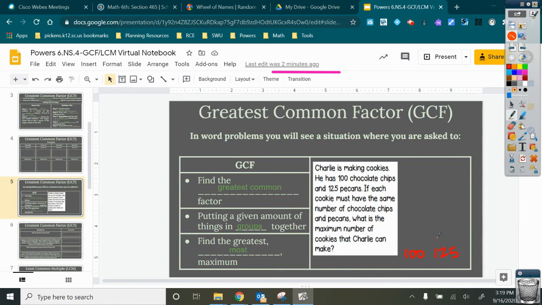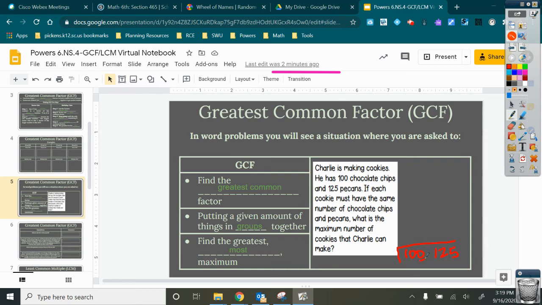All right, I'm going to start with birthday cake because I know 100 has a lot of factors and I don't want to list all those out. I only need one factor to use that method. So I'm going to divide 100 and 125 by any factor that they have in common.